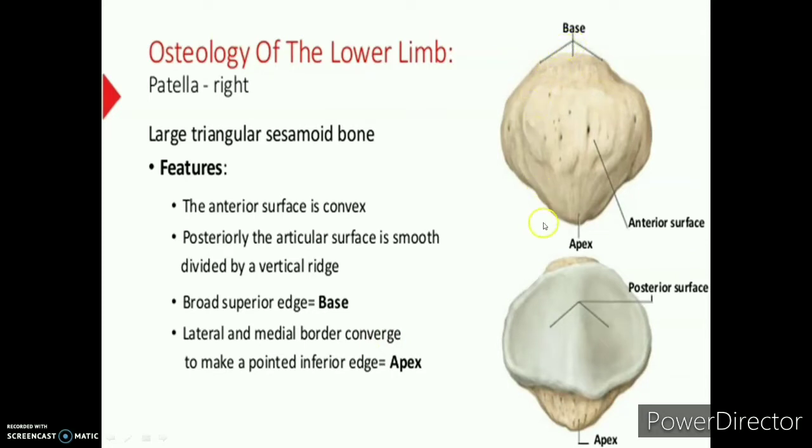The lateral and medial borders converge to make a pointed inferior edge, the lower part. It is a bit pointed, so it is known as the apex. So this is about the patella.